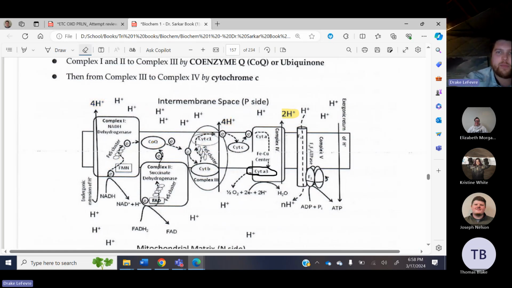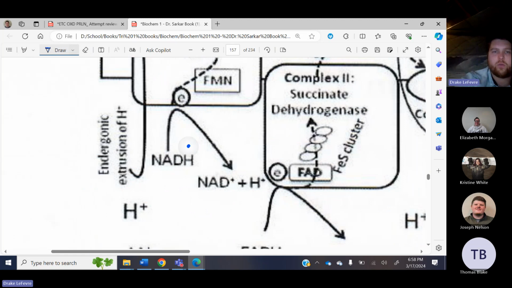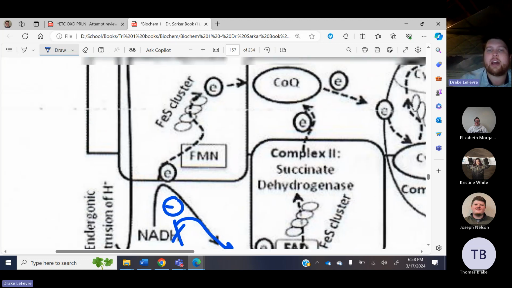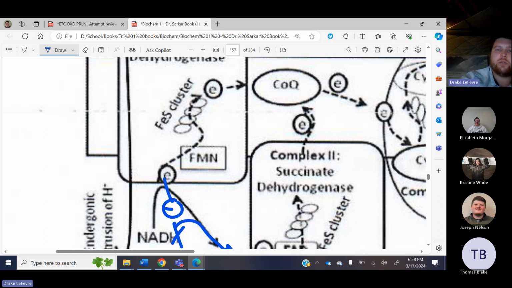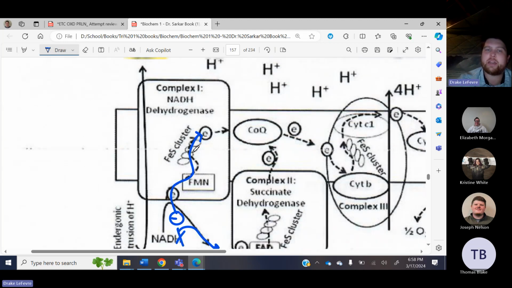So literally what's going to happen is our NADH is going to come, bind onto our complex 1, and rip off that hydrogen, and the electron that was connecting with that hydrogen is going to get pulled into complex 1. So complex 1 is holding that electron and moving it from where it took it from NADH over to another enzyme called CoQ.